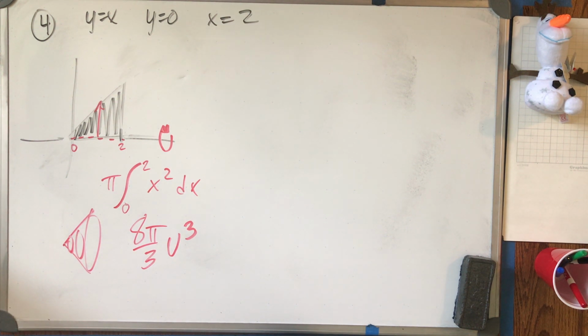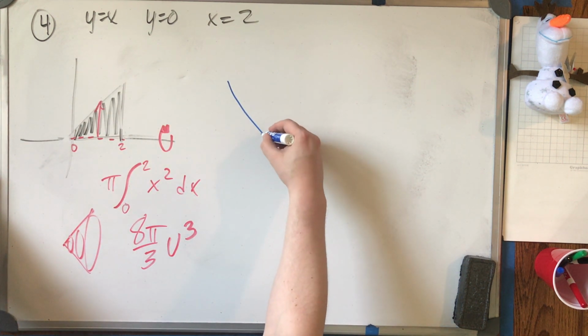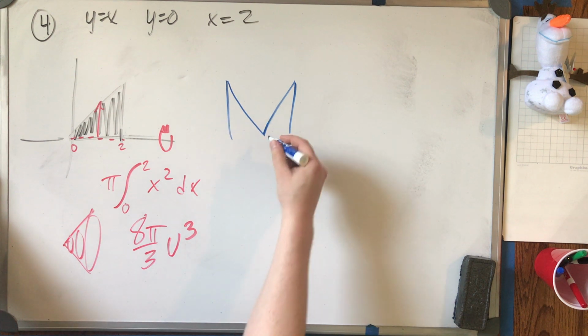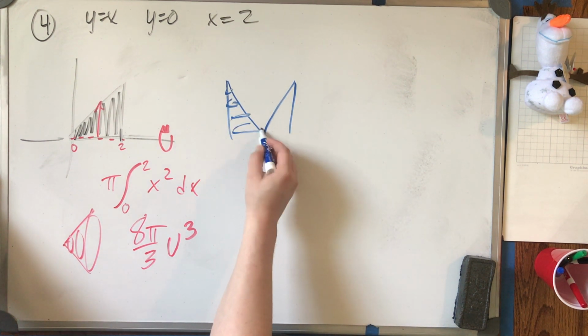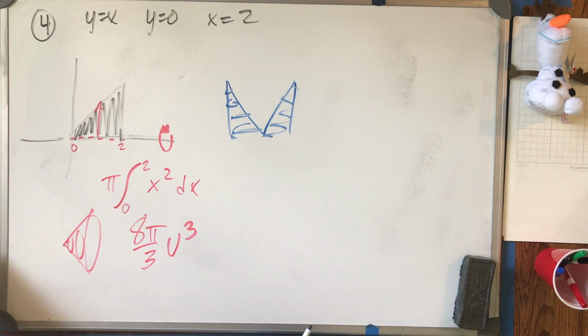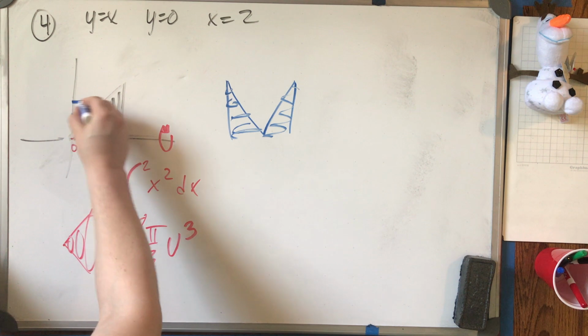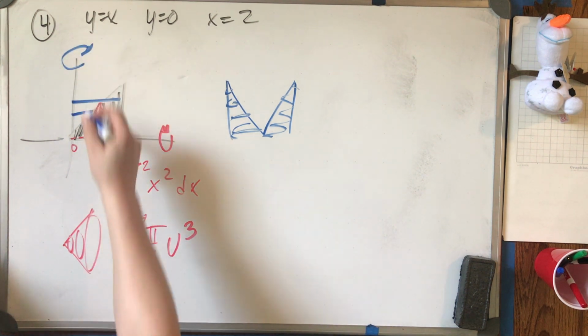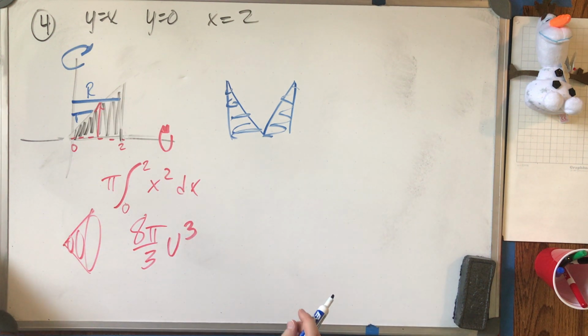Now if I rotate it the other way, okay, so that's rotating it this way, I'll end up with a voided kind of shape here, okay, where I have nothing in between, and then these parts right here are the three-dimensional parts. Okay, so kind of like bunny ears or something like that. So when I set this one up, I'm going to go from the axis I'm rotating around, so the y-axis, and I can see that I have a big R and a little r because I have two different equations that I'm going to hit.